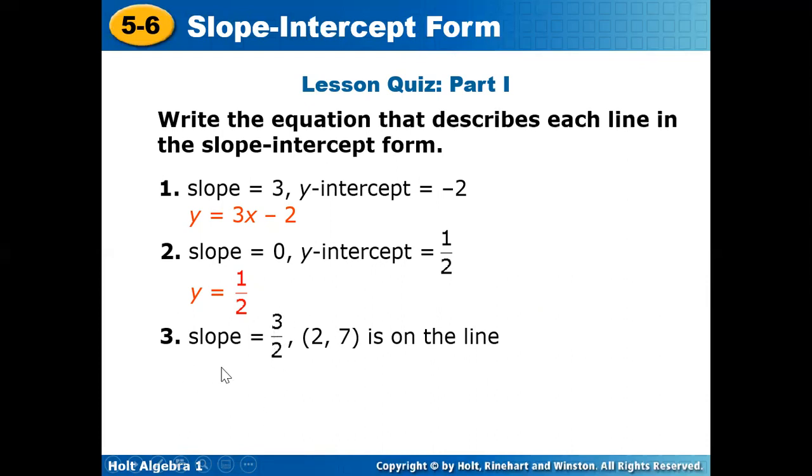So it'll be 7 is equal to 3/2 times 2 plus b. You're still solving for b to find your y-intercept, and you will get 7 equals 3 plus b. Subtract 3 from both sides, and you should get 4 is b, and then you plug in what you know into your equation.